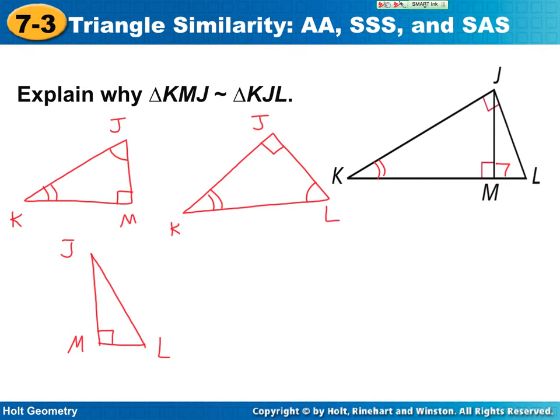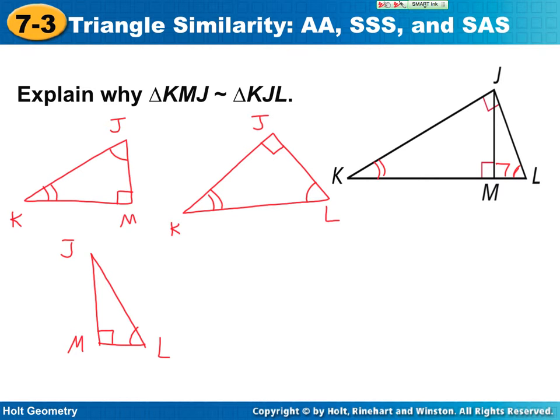I know my pictures don't look the same, but this angle L is the same in the skinny triangle or the big one. That's the big one, and this is my little one, so that angle's the same. So those two angles are the same as these two.